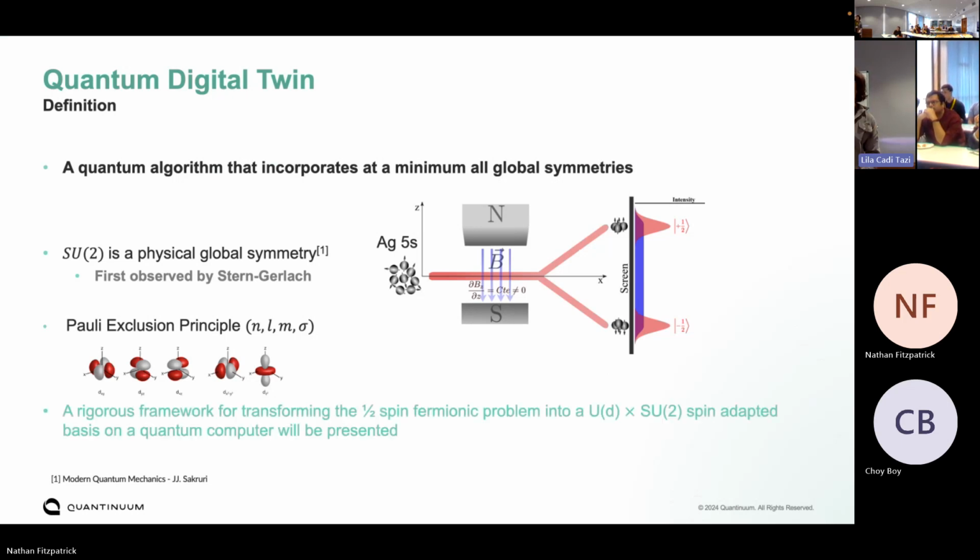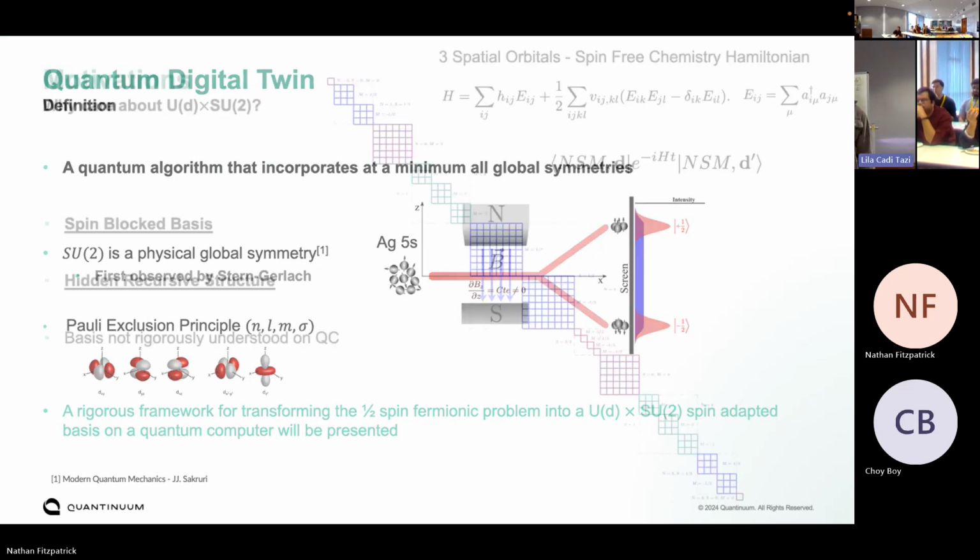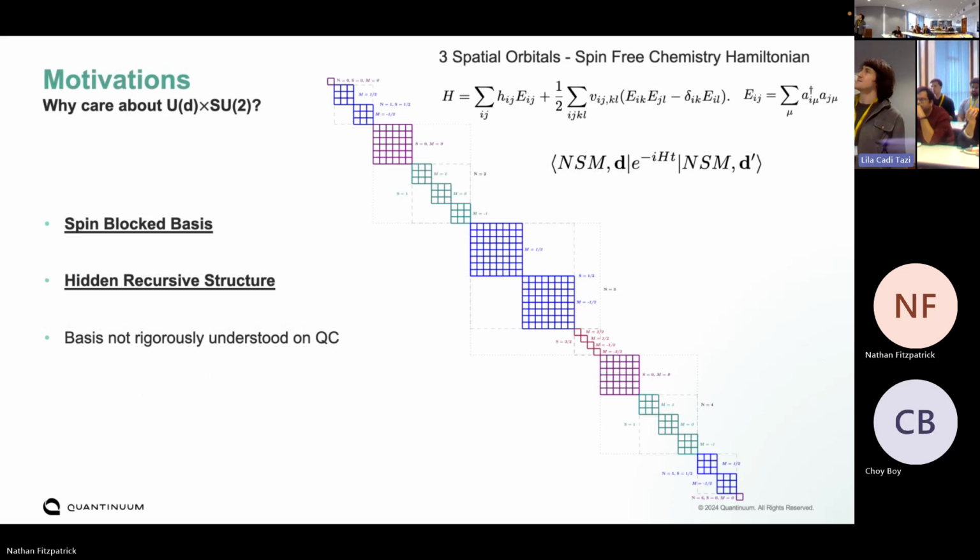So at the end of the talk, hopefully I will have presented a rigorous framework for transforming the spin-half fermionic problem into a U(D) cross SU(2) spin-adapted basis on a quantum computer. The motivation for this talk is the molecular electronic quantum chemistry Hamiltonian presented in the spin-free framework.